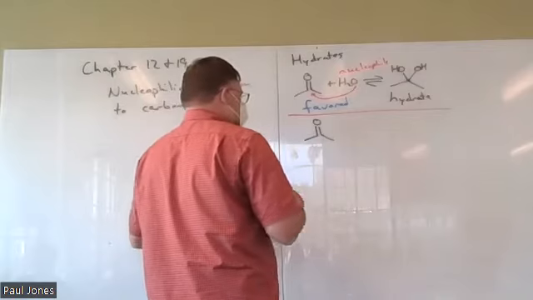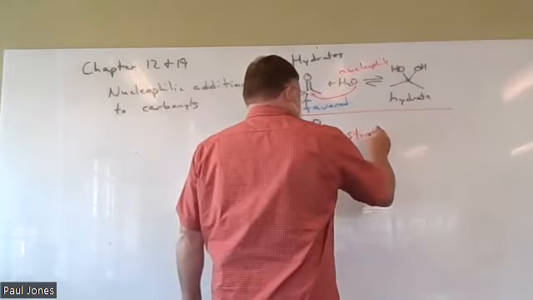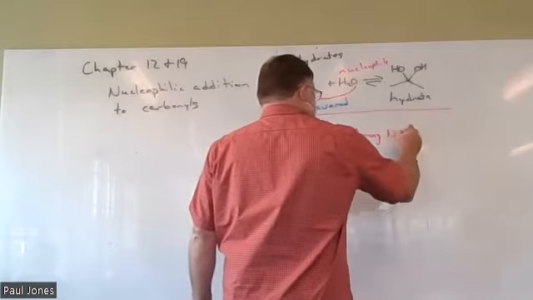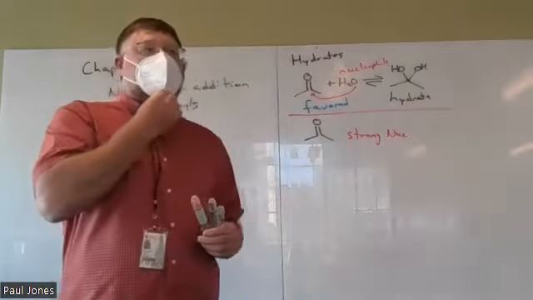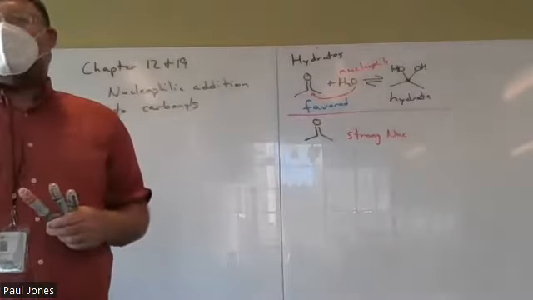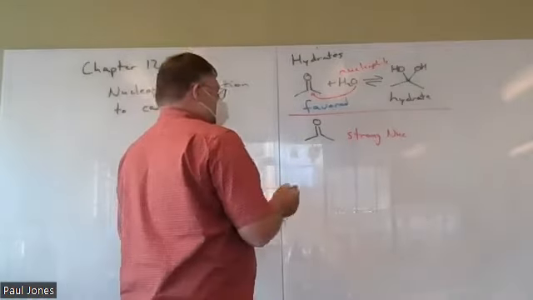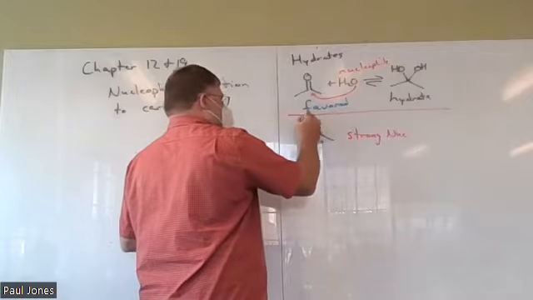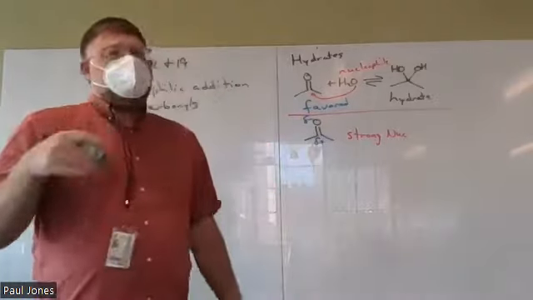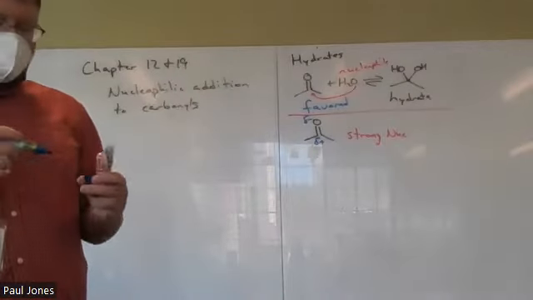So if we have a strong nucleophile, this is going to be something that probably has a negative charge. If it doesn't have a negative charge, it's a fairly strong base. And this reaction, if you have a strong nucleophile, is driven by the nucleophilicity of the base. What makes this reaction happen is the nucleophilicity of the base.